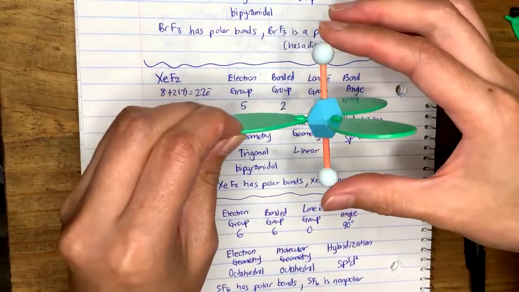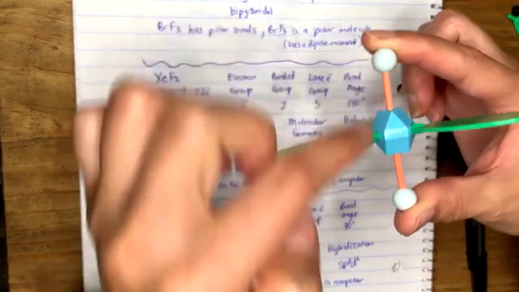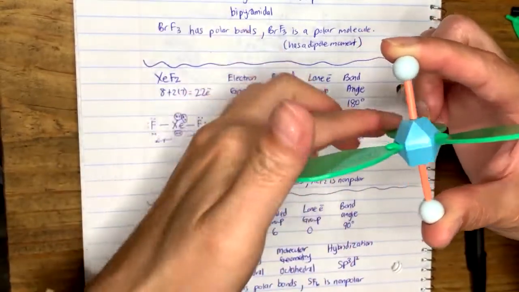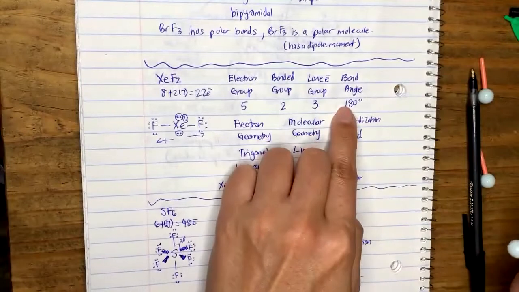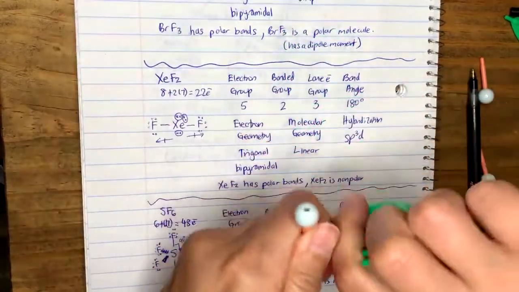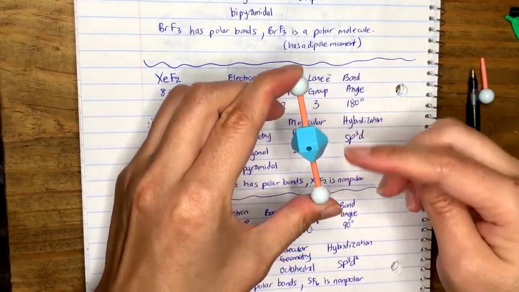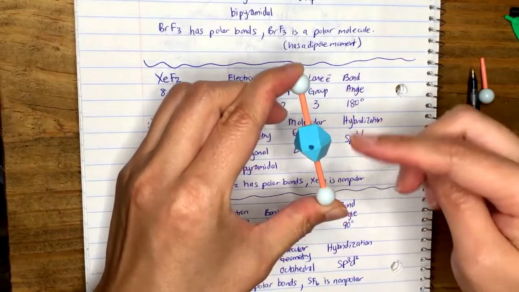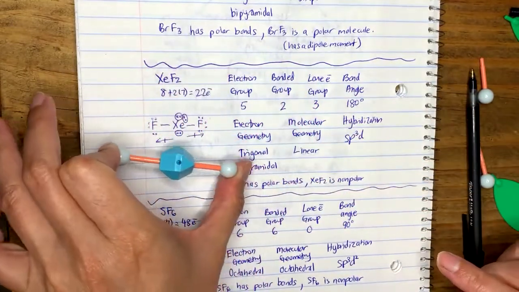So in the end, the bond angle has to stay at 180 from this to there, because these guys are invisible now. That's why they say the bond angle from this guy is 180. The bond angle is from one atom to this atom to this atom right here. So it's linear and it's 180.